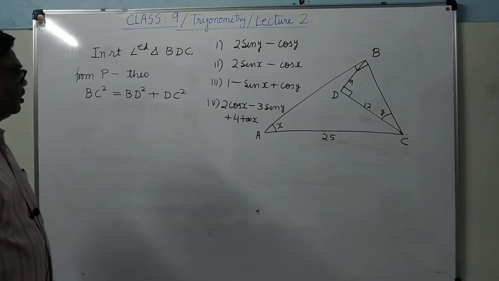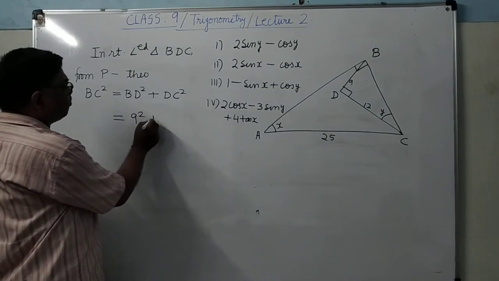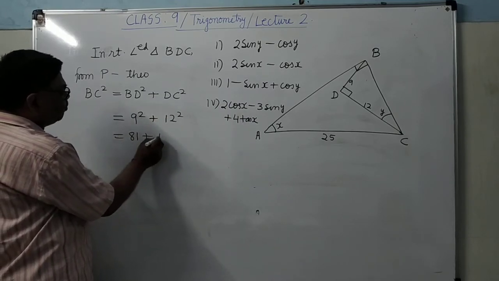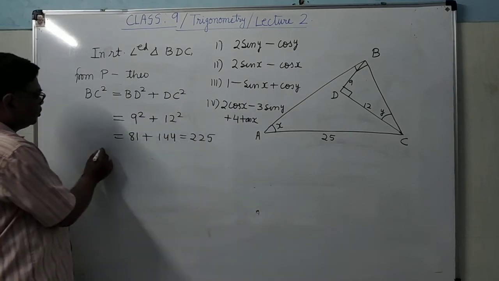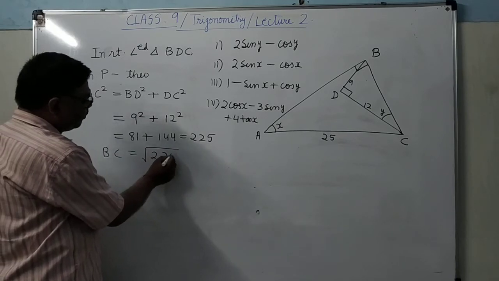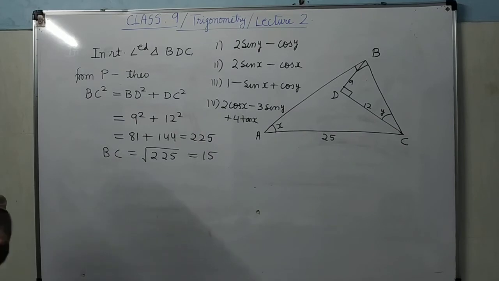So BD square plus DC square is 9 square plus 12 square, that is 81 plus 144, so it will be equal to 225. So BC is square root 225, that is equal to 15. Now BC has come out equal to 15. So you write down this 15.